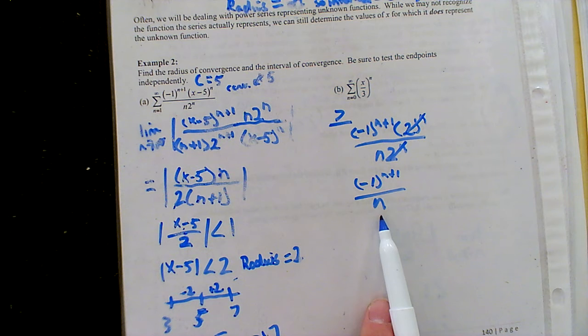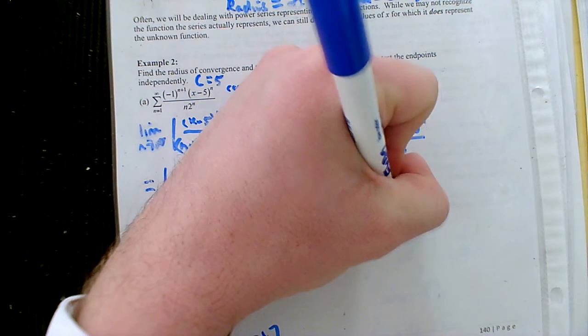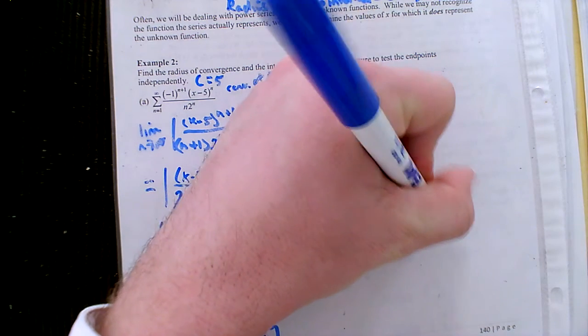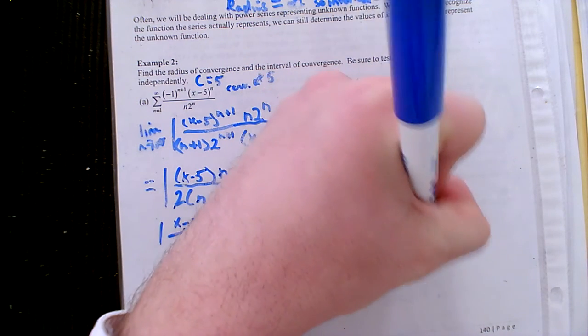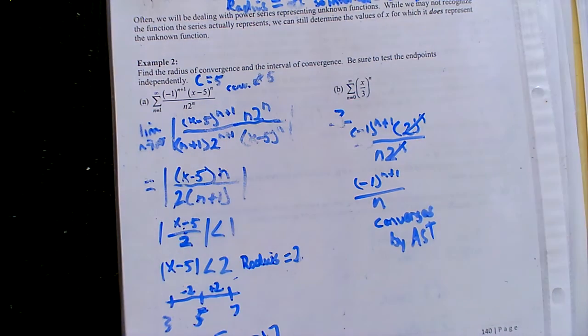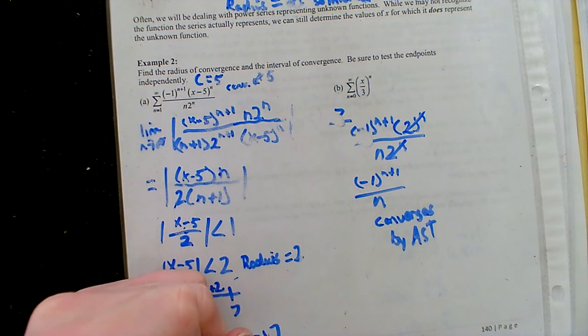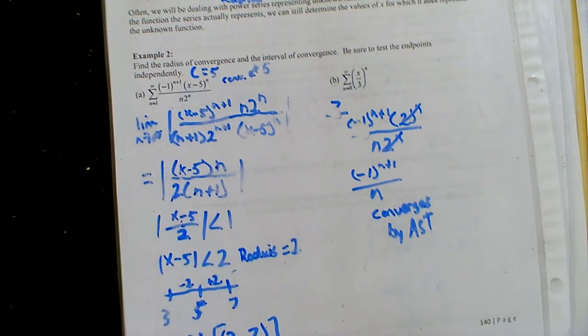Yes, and the limit going to infinity does go to 0, so this converges by the alternating series test. That's why you have to know those tests. If you have to test your endpoints, sometimes it may not just be a p-series. You may have to use some other tests. So now we know our final answer has to have a bracket on the 7.